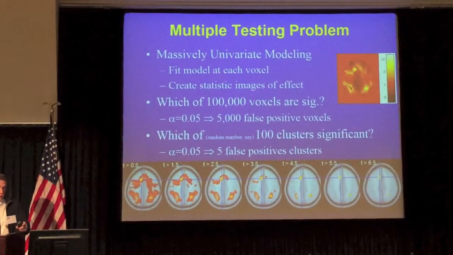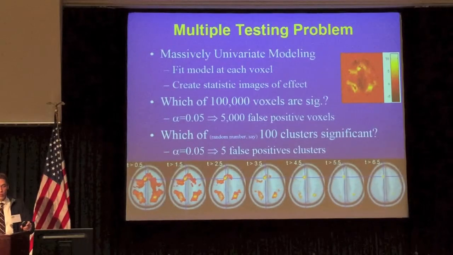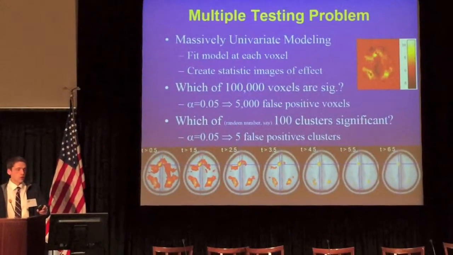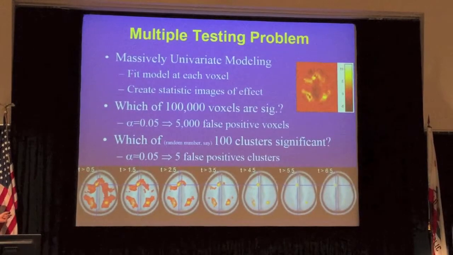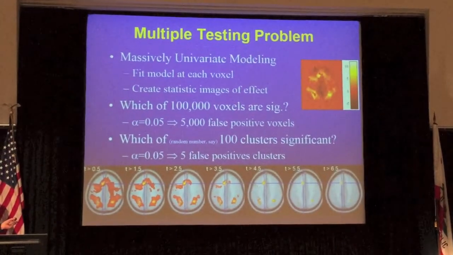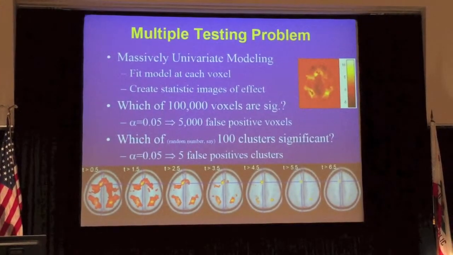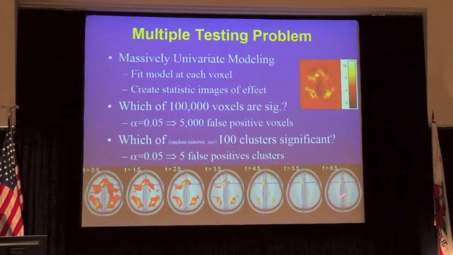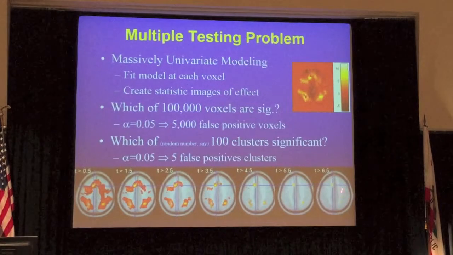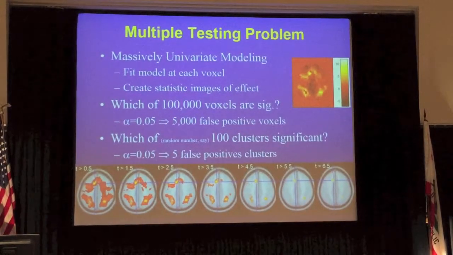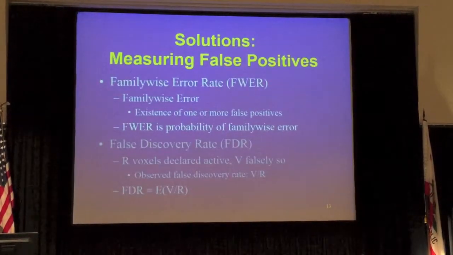So which of those random number of clusters is significant? And here we can actually see that at a t level of 0.5 we have large significance. At a t level of 6.5 we are limited to needle-point regions of significance. So where is the truth, so to speak?